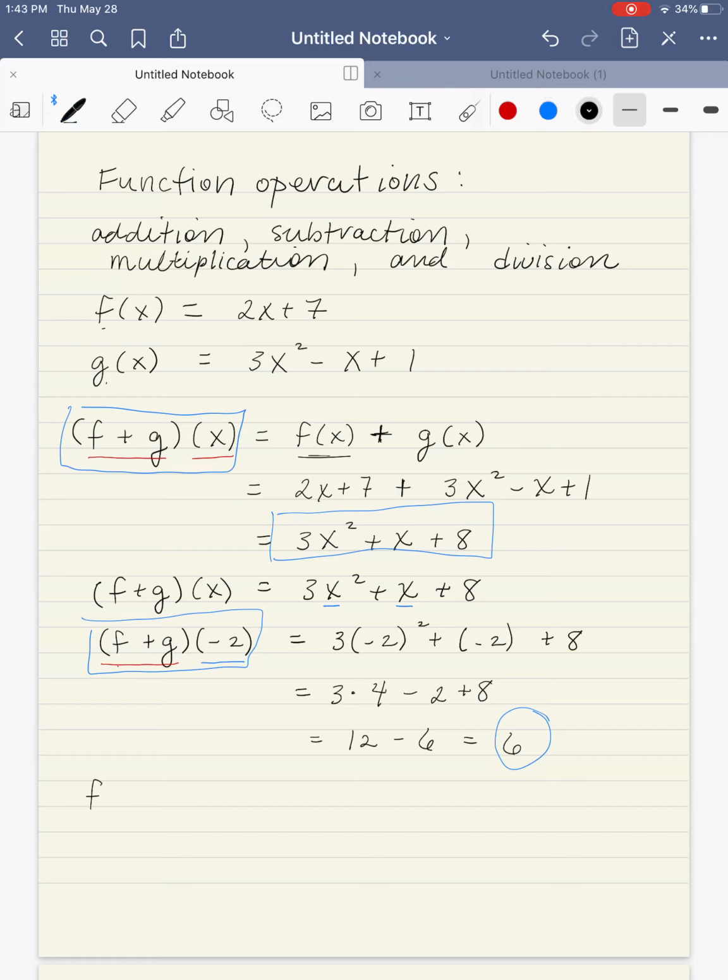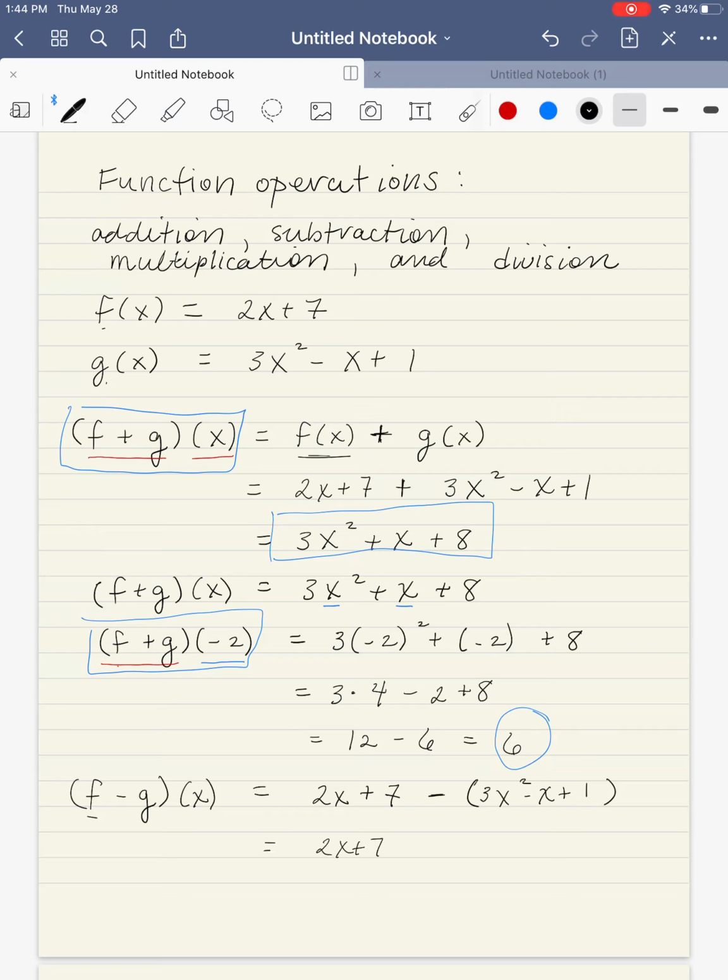I can also find the function f minus g of x. And I'm going to do something similar. I'm going to take the 2x plus 7, the f function, which is first, subtract, and here I have to be careful because the g of x function, 3x squared minus x plus 1, is all being subtracted, so I have to put parentheses.